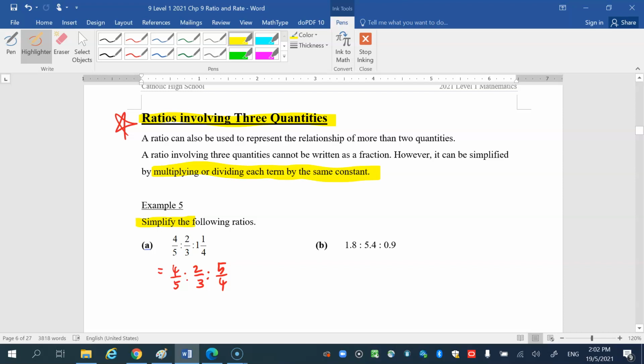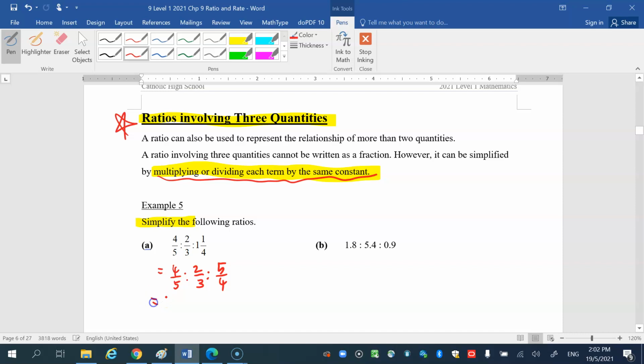Very simple. Basically, all you need to do is to multiply or divide every term by the same constant. So if we look at these three fractions, what is the LCM of 5, 3, and 4? That's right, the LCM is 60. So all we have to do is to make it over the common denominator.